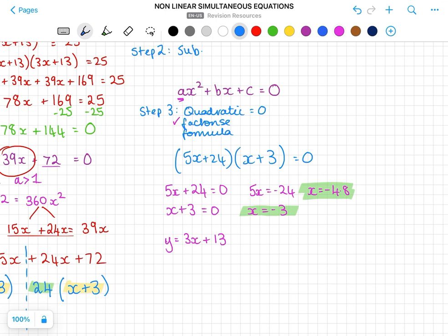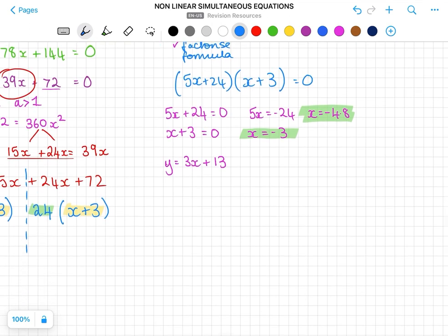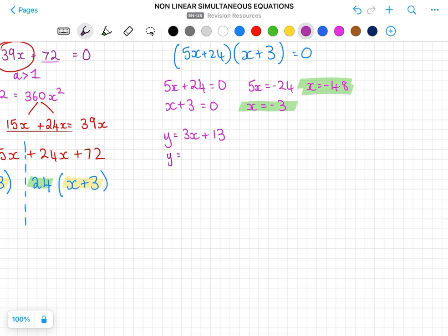So step 4 is to substitute those values of x back into our linear equation so that we can find the y coordinates. So y equals 3 multiplied by minus 4.8 plus 13, and y equals 3 multiplied by minus 3 plus 13.